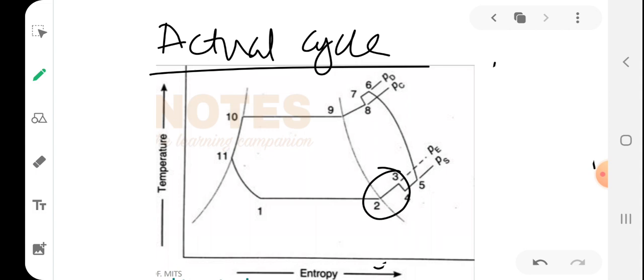The second one will be the picking up of a large amount of heat from the evaporator through pipes located in the cold space. Another reason is picking up of heat from the suction pipe. All these may be the reasons for the superheating taking place in the evaporator, right?